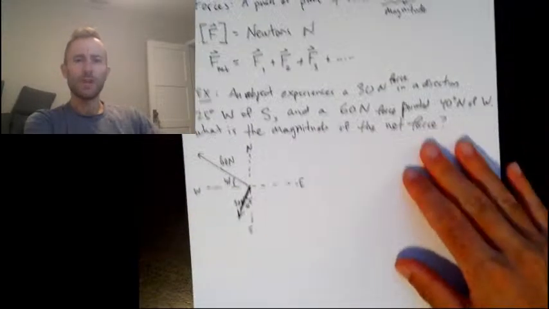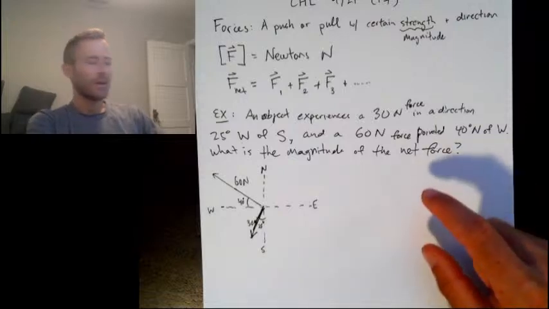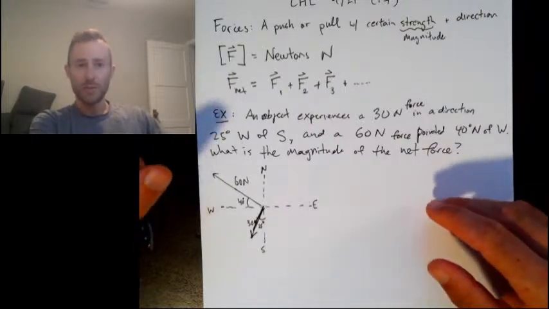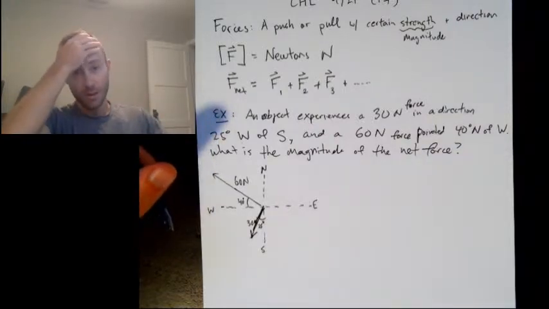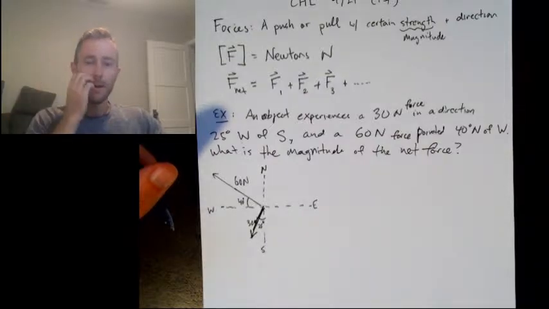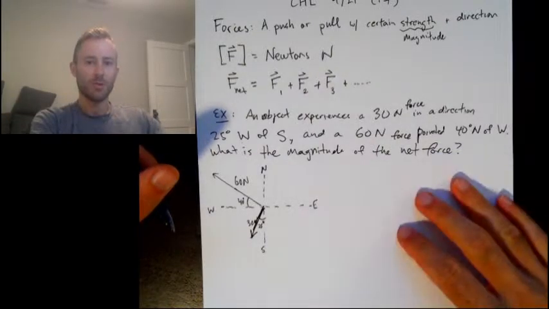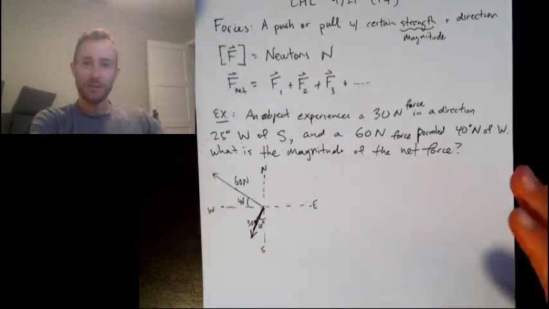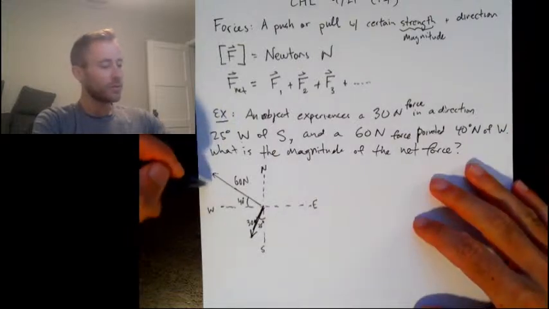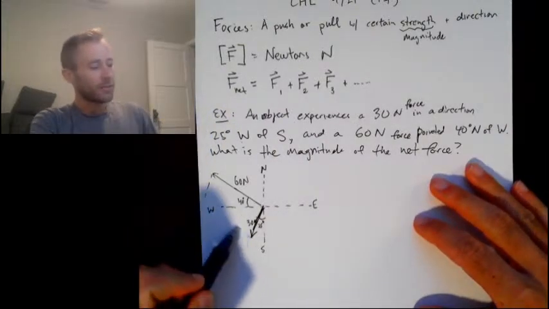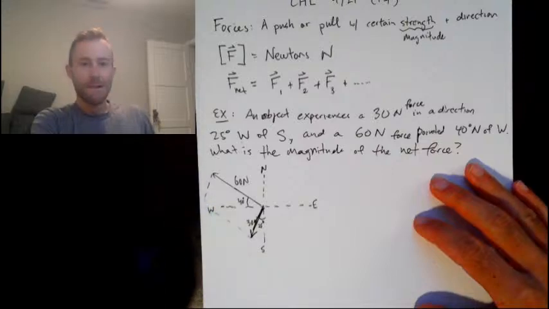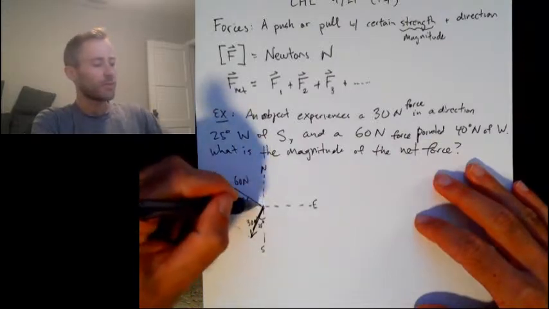So how could we find the net force? Well, I taught you back in the very first lesson that had content that to add vectors, you use the parallelogram method. So I could create a parallelogram out of these two forces.